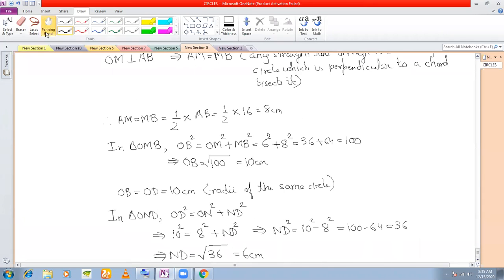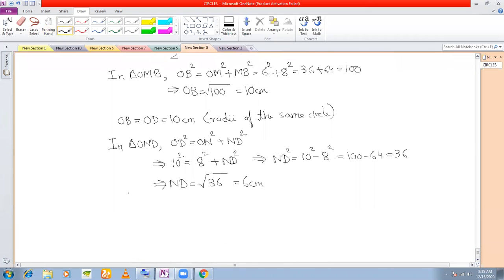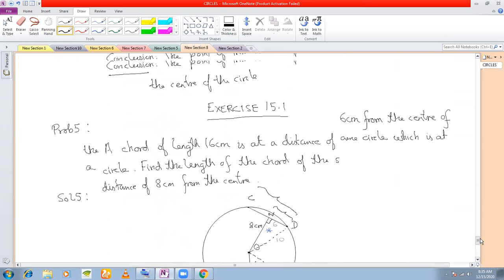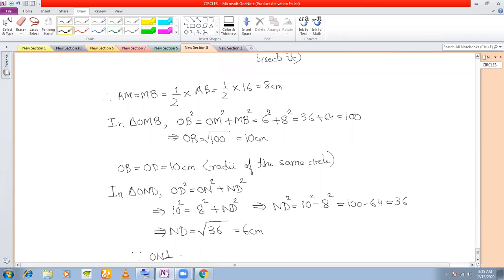So you'll write here, since ON is perpendicular to CD, that means CN must be equal to ND. And what is the reason here?